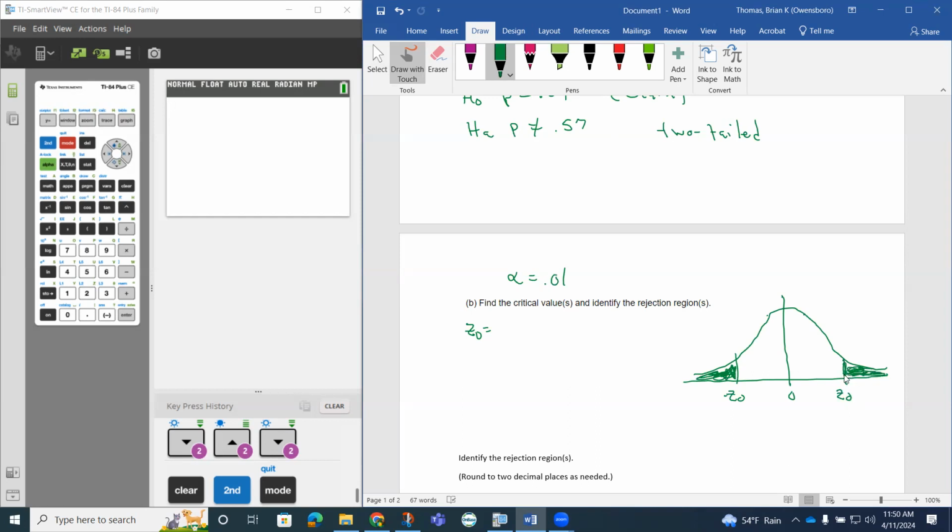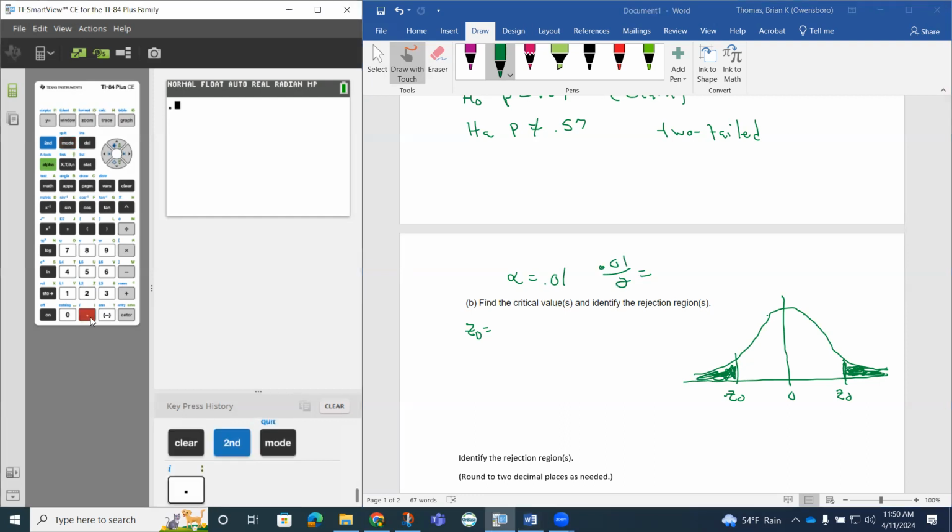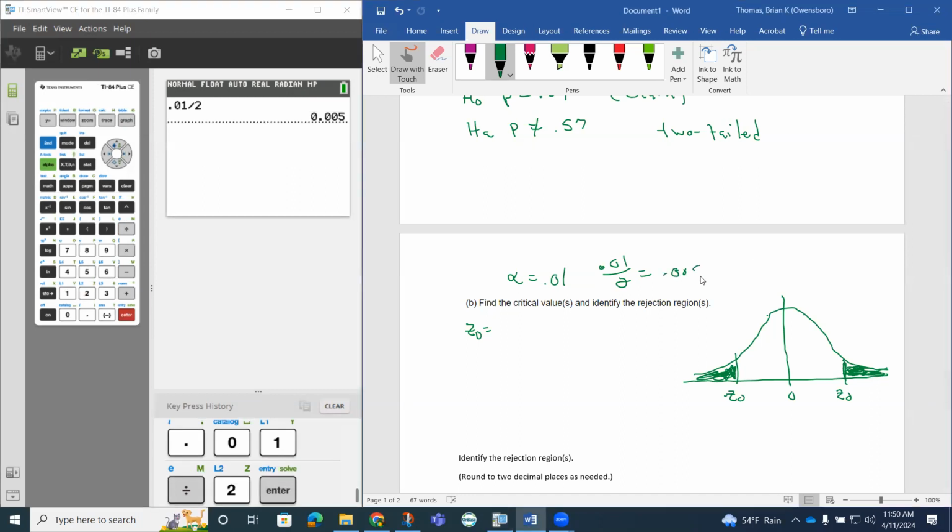So we actually have to have 2 critical values. Now, remember, since it's two-tailed, we have to divide alpha, the level of significance, by 2. So what is half of 1%? It'd be 0.5% or 0.005. So 0.005 would be the alpha we'd actually have to use.